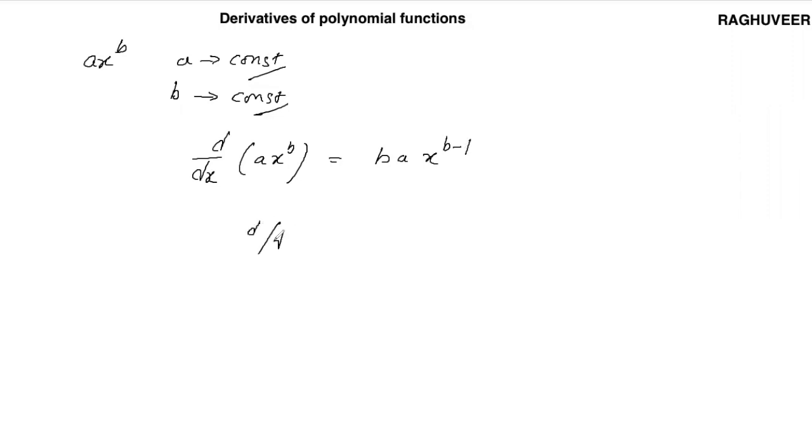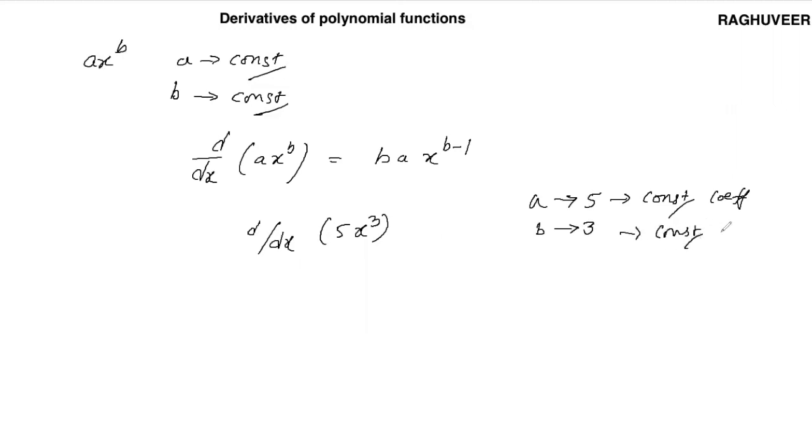So d by dx of 5x cube. Here a is 5, which is a constant coefficient, and b is 3, which is again a constant exponent.